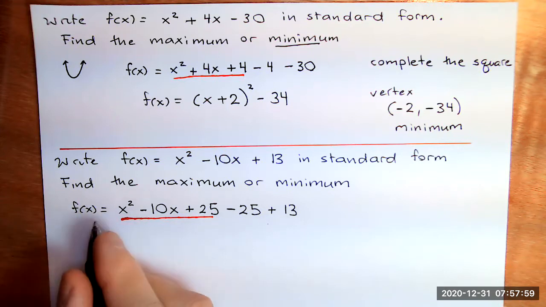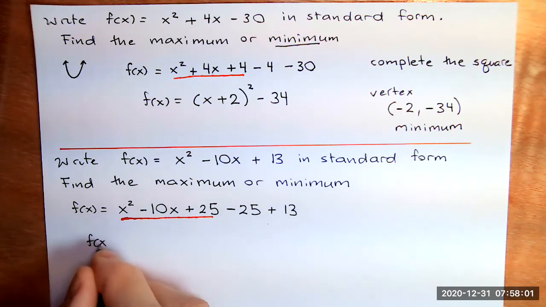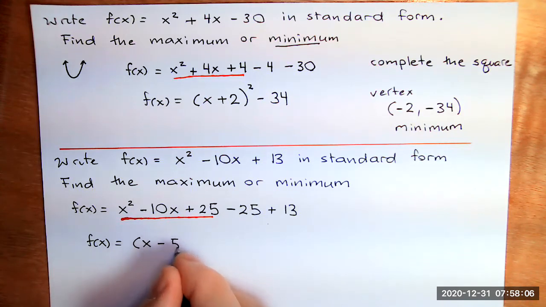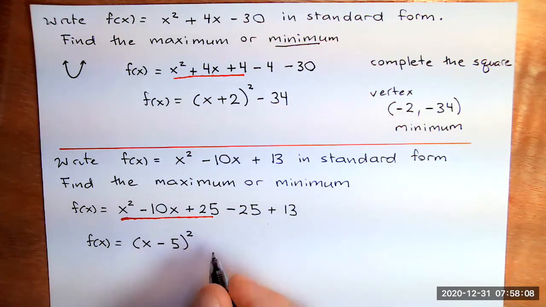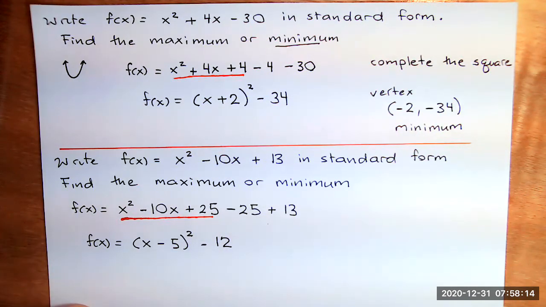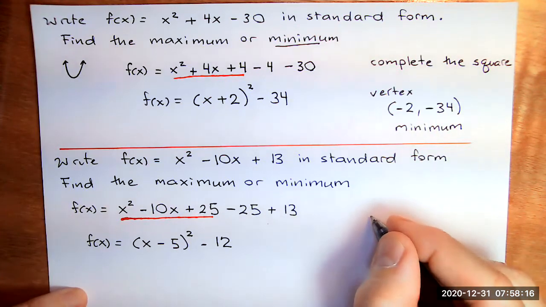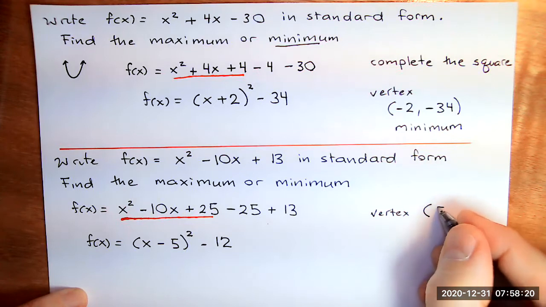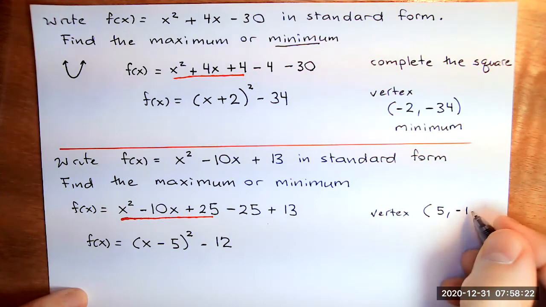Don't forget that minus. And so now we can see that the vertex is at 5, negative 12.